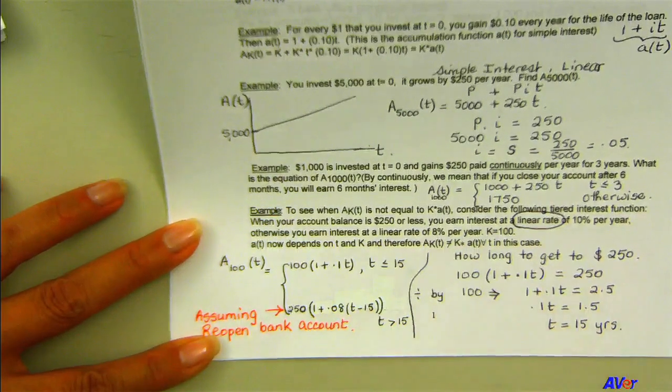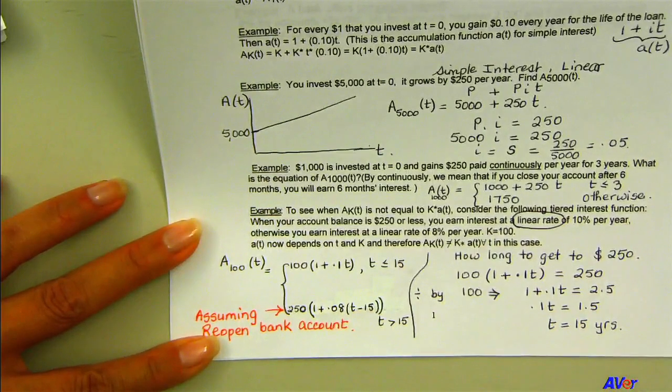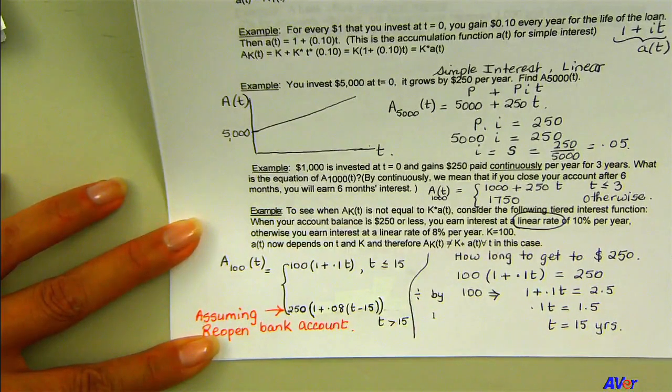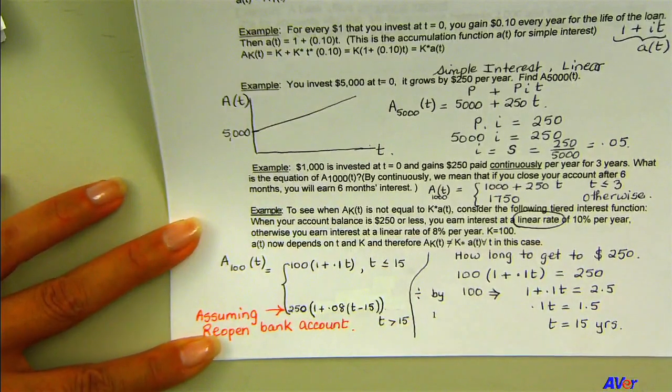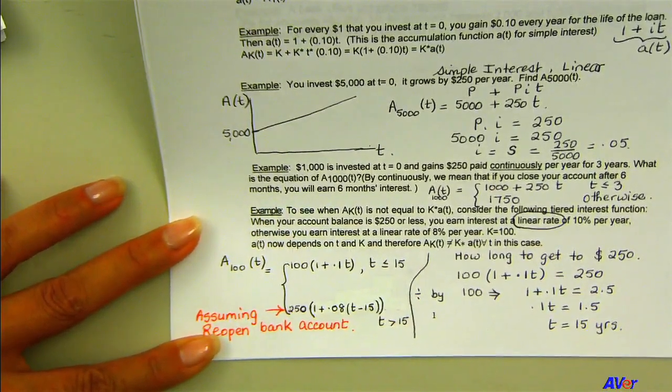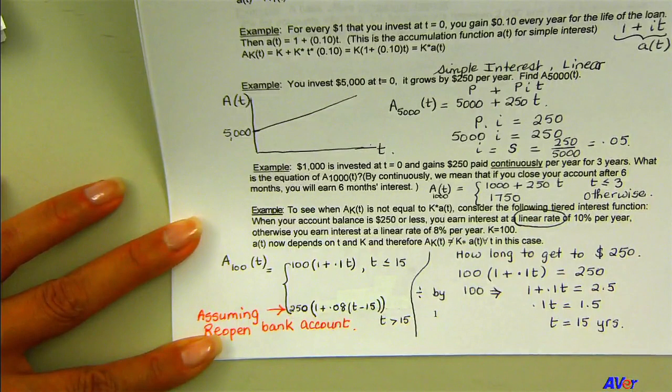I'm leaving it in there, but at time 15, you have $250 in there. So whatever I add has to be added to $250 because this is asking for A of T. What is A of T? It is the amount in your bank account at time T.